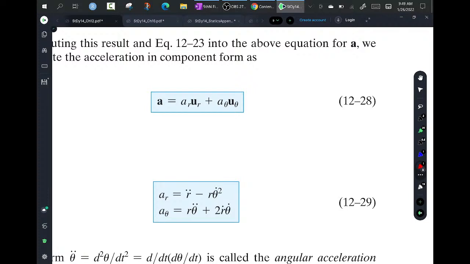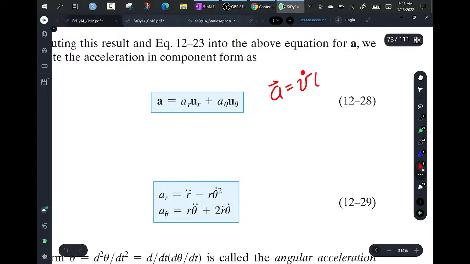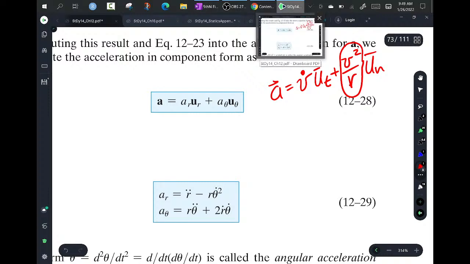So in the previous thing we had acceleration is equal to, I think he called it v dot, u tangent plus v squared over rho, but in this case I'm going to call it r, times u normal. Let's stare at this for a minute. If something goes around in circles, they both have to come up with the same answer, right?